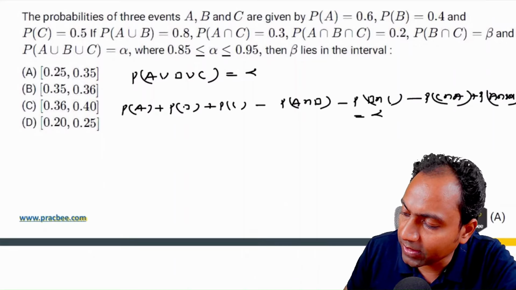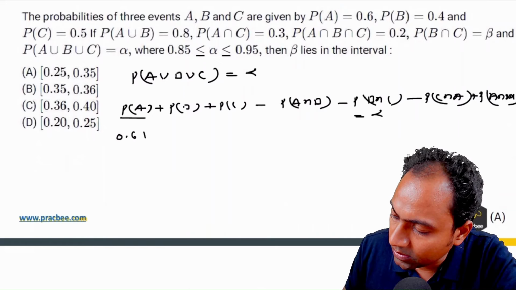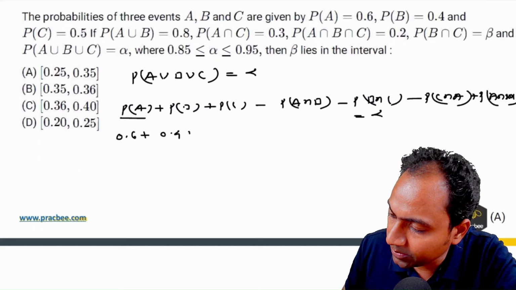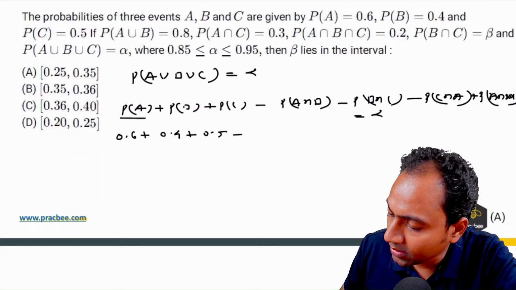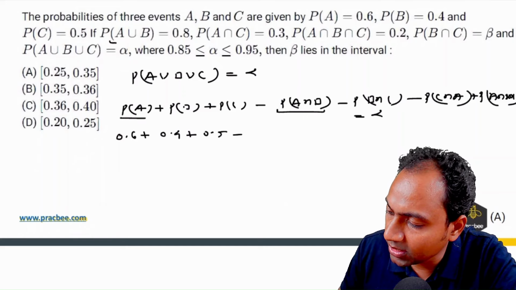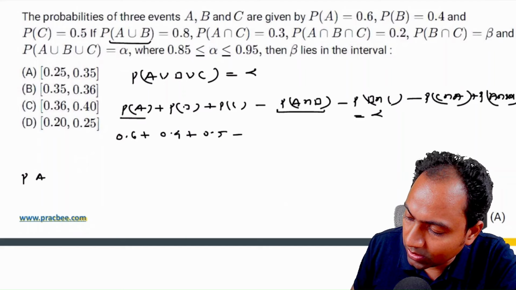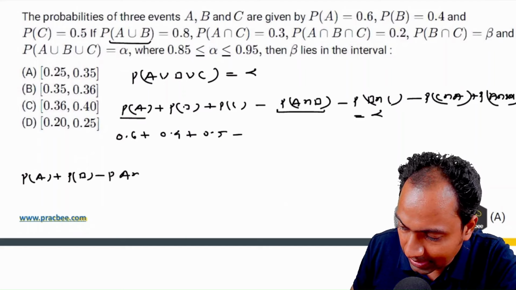Now let us simplify. P of A we already know is 0.6, P of B is 0.4 and P of C is 0.5. What we do not know is the value of P of A intersection B, because A union B is given. But from this union you can write it as P of A plus P of B minus P of A intersection B.